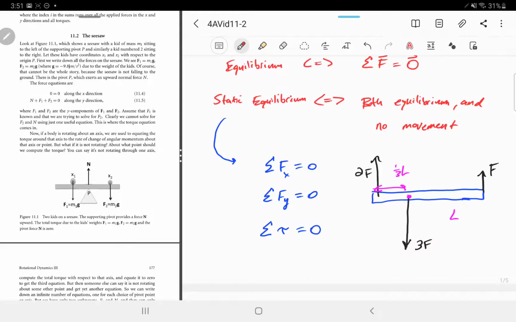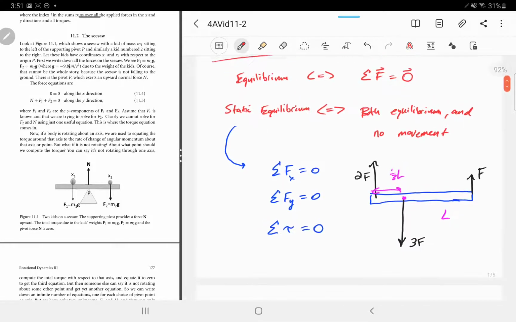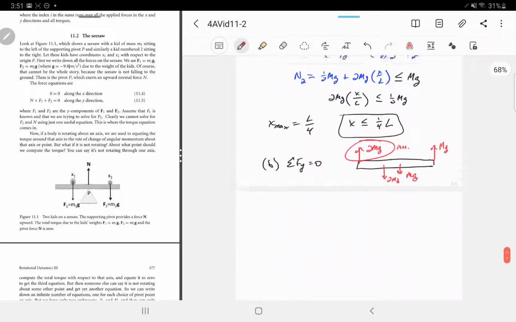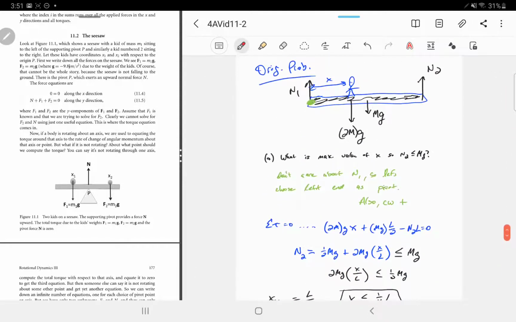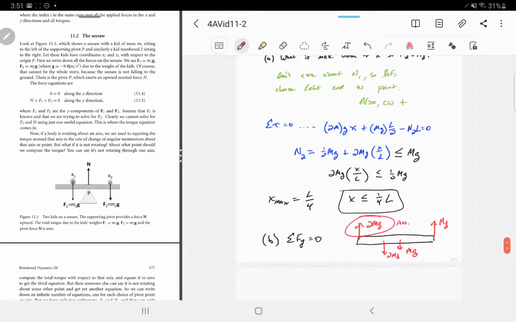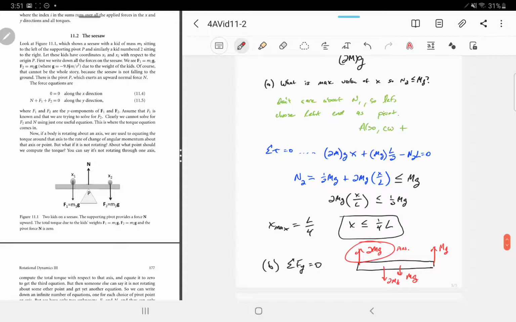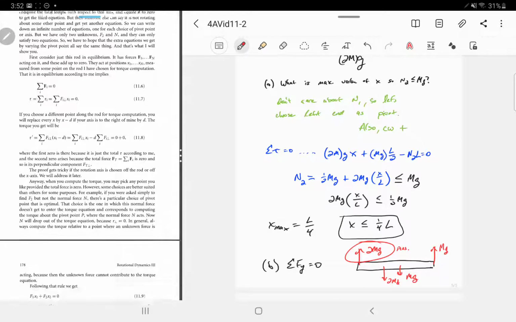You can also replace, so this winds up being equivalent to the sum of the torques about 2 different pivot points equals 0, and then you just need 1 more equation from forces. Just like with the example with Julia, we could have done 2 torque equations to get the answer, and we wouldn't need this for part B. We could have used a different torque equation with a different pivot point. So the sum of the torques just gives you more stuff to play with when you're solving static equilibrium problems.